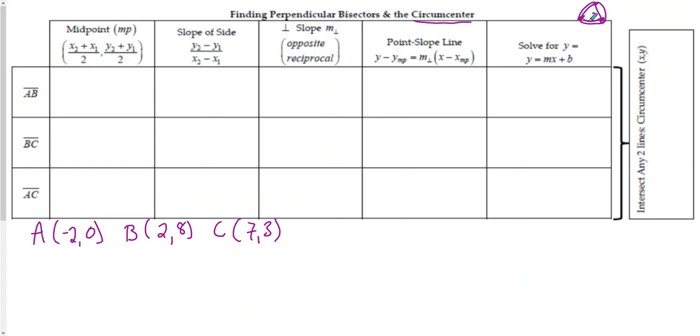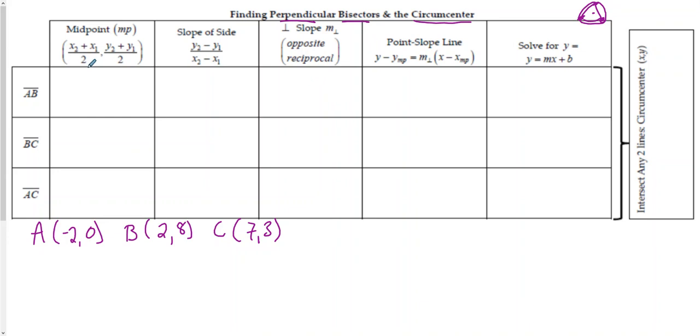The circumcenter is found by the intersection of the perpendicular bisectors of each side. So understanding that perpendicular bisectors intersecting will give you the circumcenter leads you to what we're going to do. We need to find the perpendicular line that bisects the side.